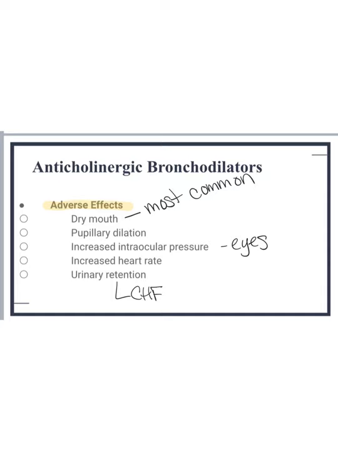So for CHF, they're more likely to be fluid overload. So that's congestive heart failure. They have a hard time getting fluid out of the body. So that's something that we want to look at, because if they are not voiding and urinating and their body is holding on to this fluid, and especially if they have CHF and it has nowhere else to go, it can go into the third space and they can develop pulmonary edema.